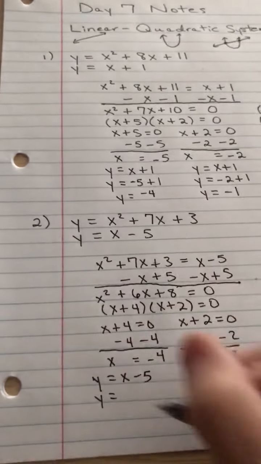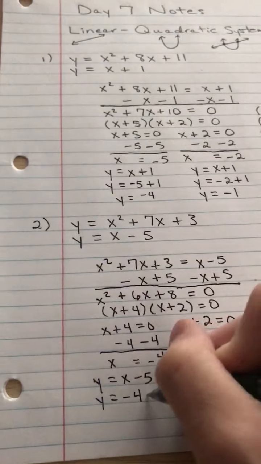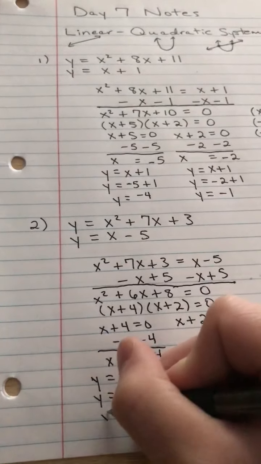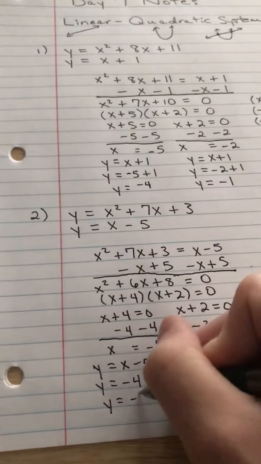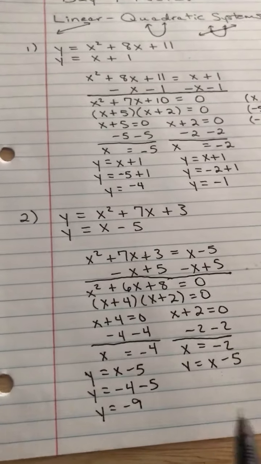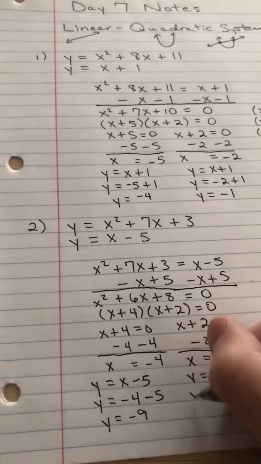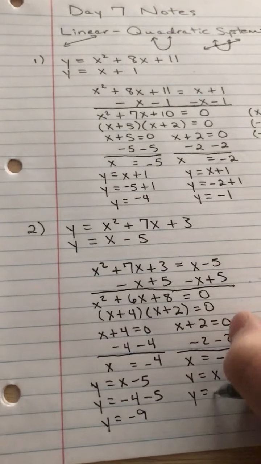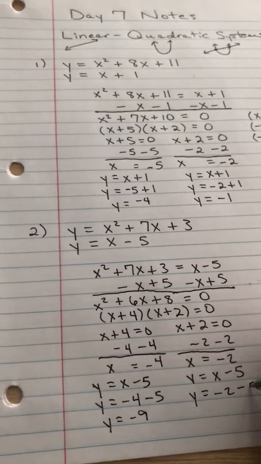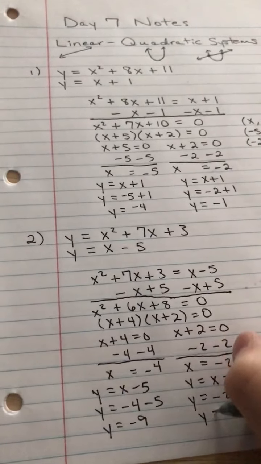So if x is negative 4, I got negative 4 minus 5, that's going to be negative 9. Over here on this side, x is negative 2. So let's just let x be negative 2 and see what happens. Negative 2 minus 5, that is negative 7.